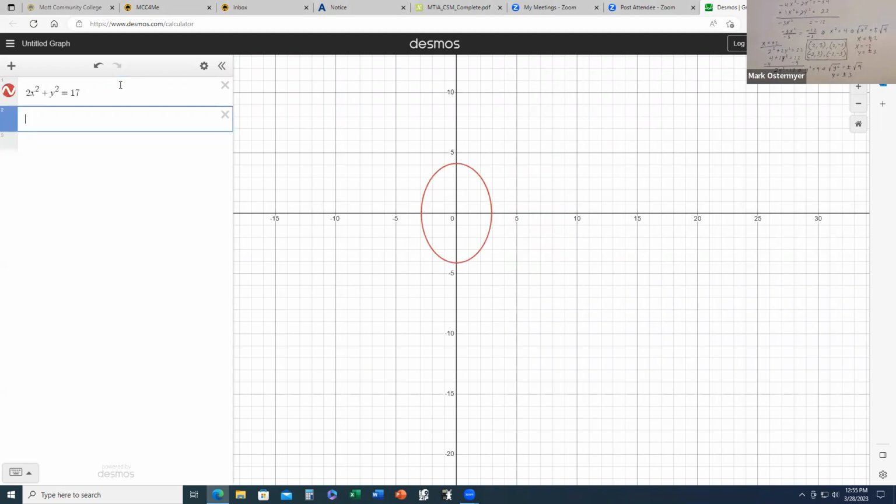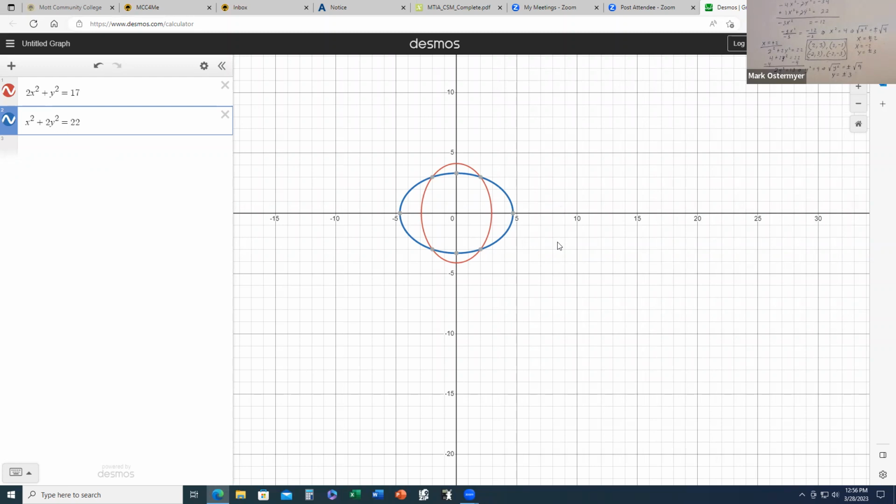There's an ellipse where the longest axis, called the major axis, is vertical. And there's the graph of the second equation, which is an ellipse where the longest or major axis is horizontal.